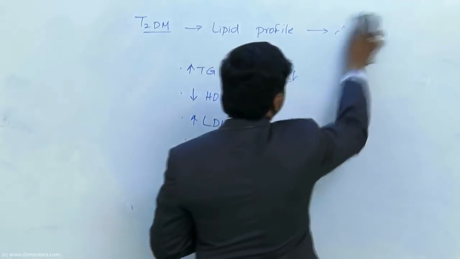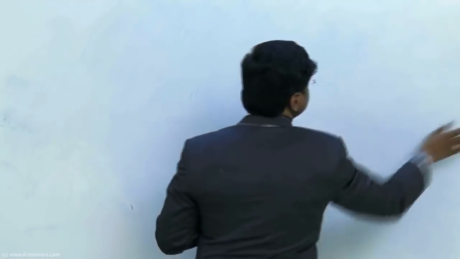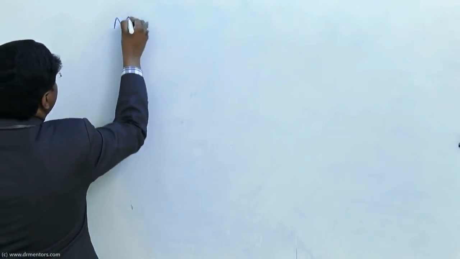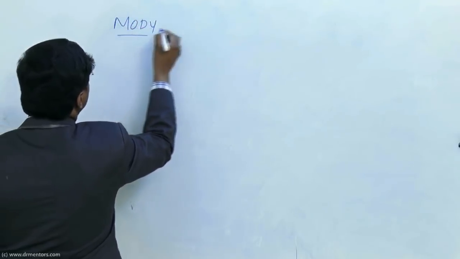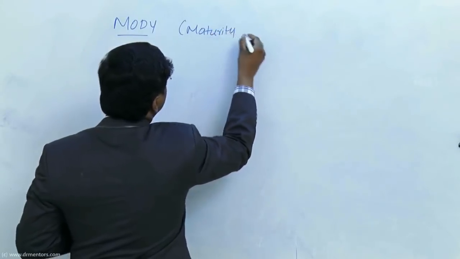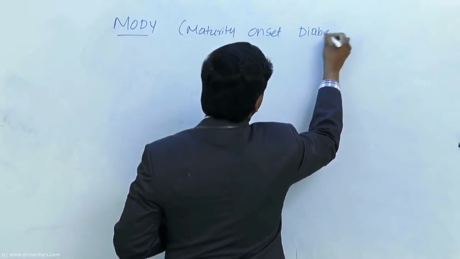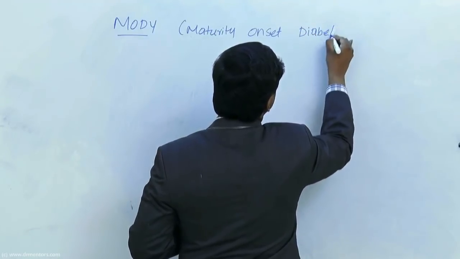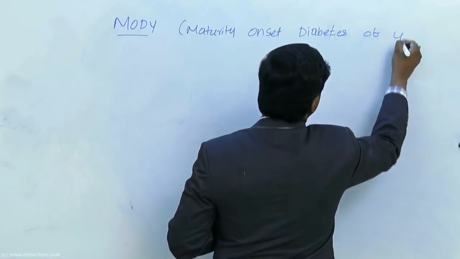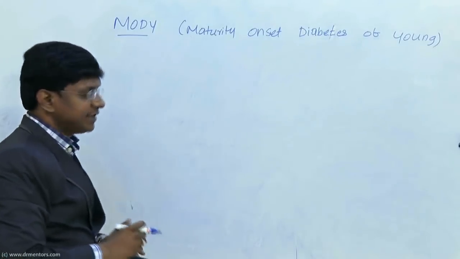Next, let me discuss some other forms of diabetes mellitus apart from type 1 and type 2. So we have a form of diabetes mellitus which is called MODY, that is maturity onset diabetes of young.